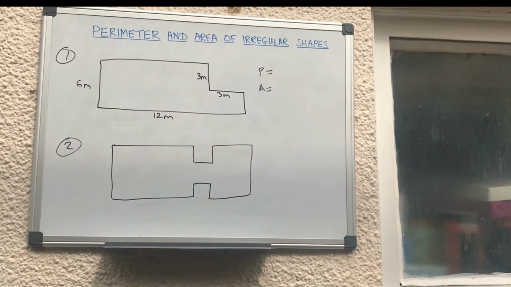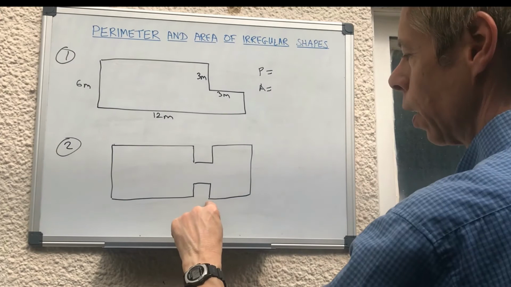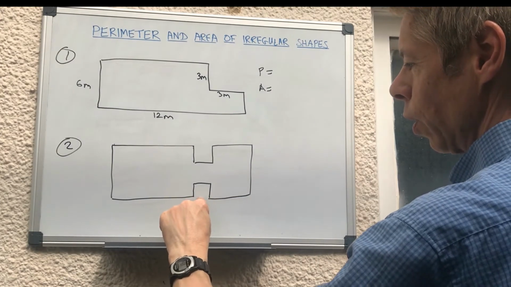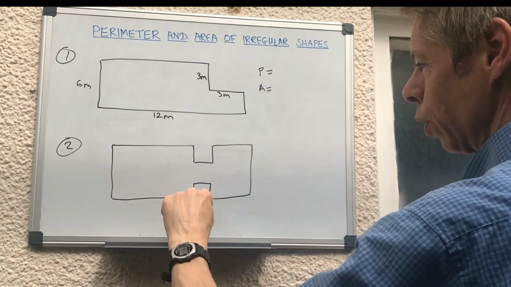Okay, so the important thing to realise on this shape is that those 2 lines should be on a level there.